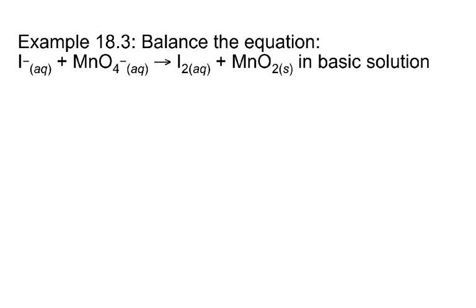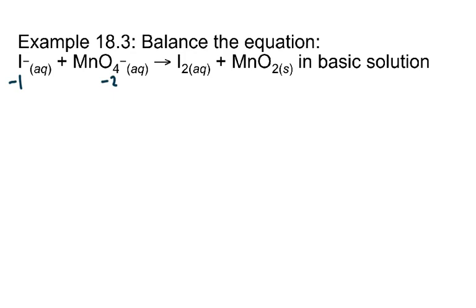All right. What about if we're in basic solution? So let's work through this example in basic solution, and it will help you to see this pattern of how to balance these. So I is -1, oxygen is a -2, that gives me -8.